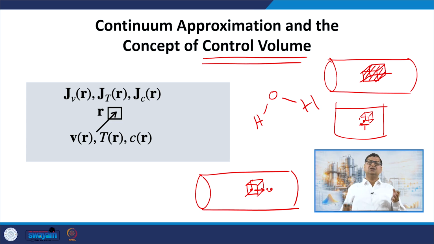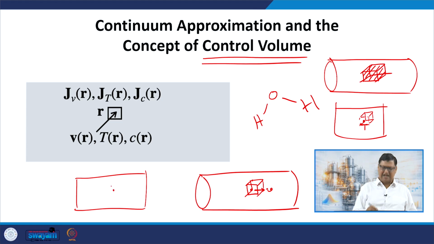Concentration is the number of moles per unit volume. Moles is Avogadro number multiplied by the number of molecules, right. So, concentration basically should tell us how many molecules we have in a certain volume, but then we do not define it that way. We say that, let us say, I have a vessel, I have a point, and I define a concentration at that particular point, right.